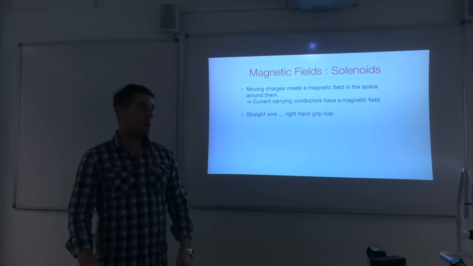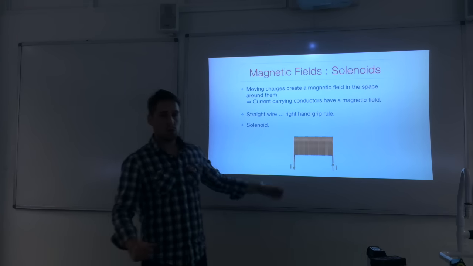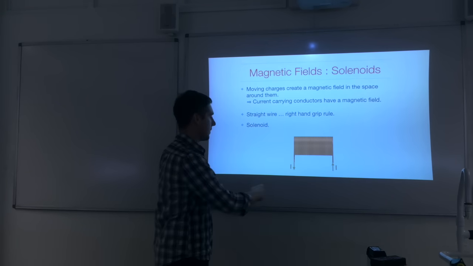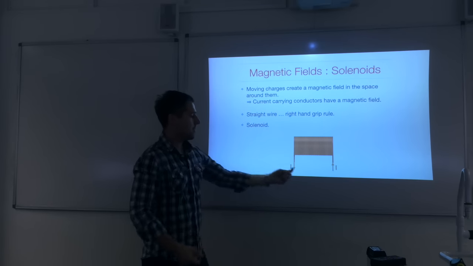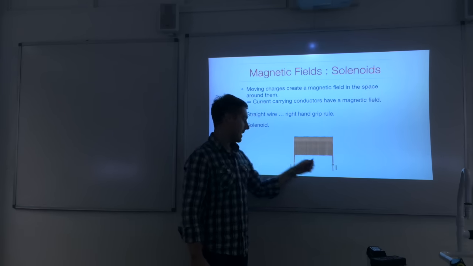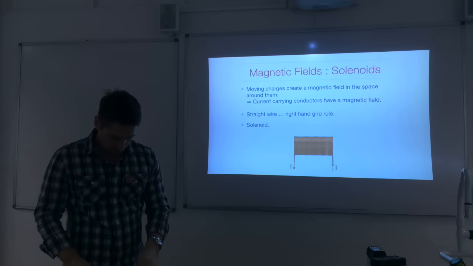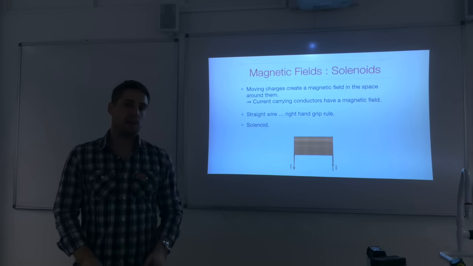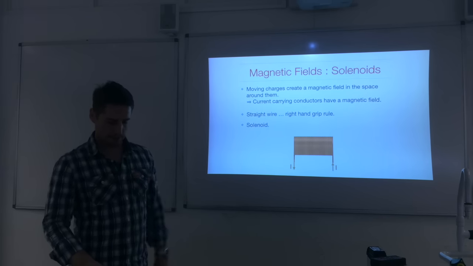So that's straight wires. Now let's look at solenoids. A solenoid is a coil of wire, so we've taken the wire and we've coiled it, and I'm passing current in one side here, and it's coming out the other side there. These solenoids have field patterns like the bar magnet that we saw earlier.